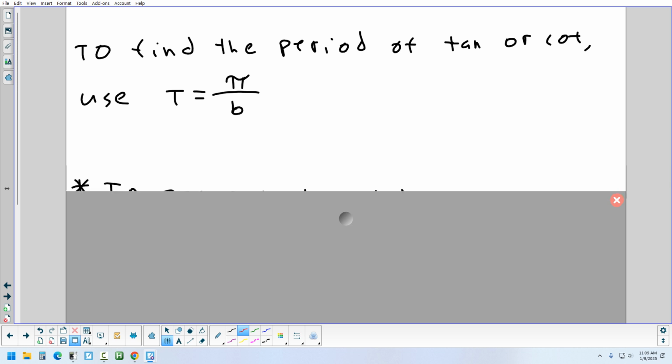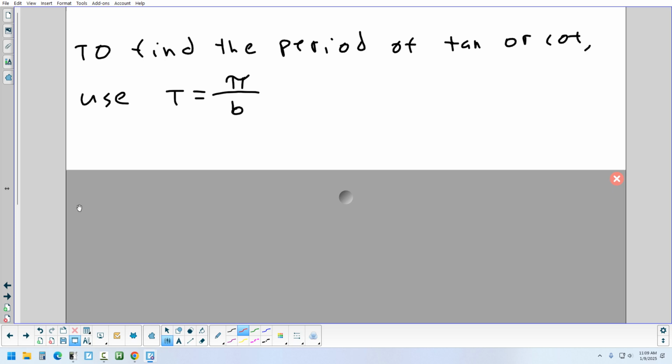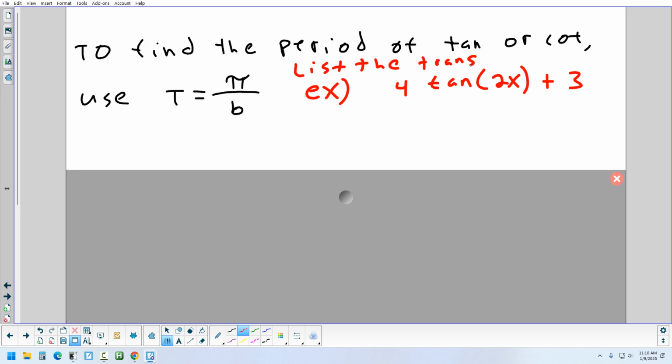All right, so now, let's just say, I'll give you an example. Let's say 4 tan 2x plus 3. Okay. If I asked you to list the transformations, what would be the first number you would focus on?